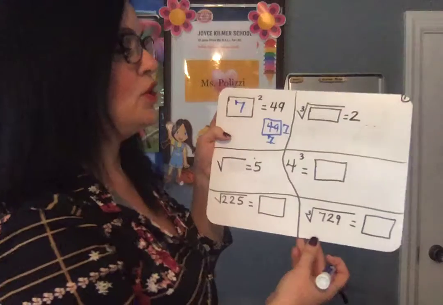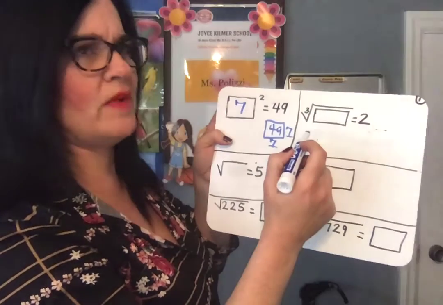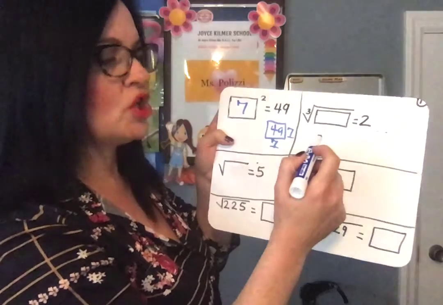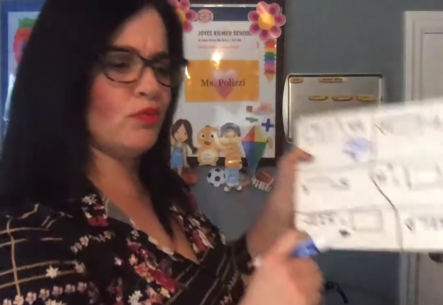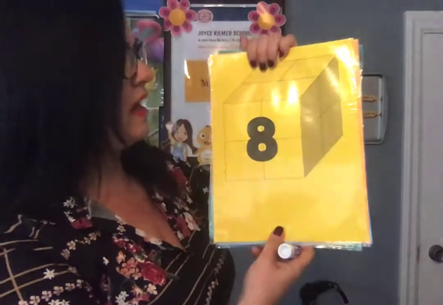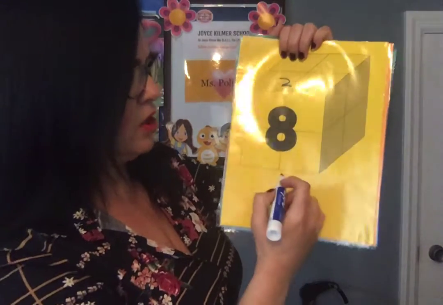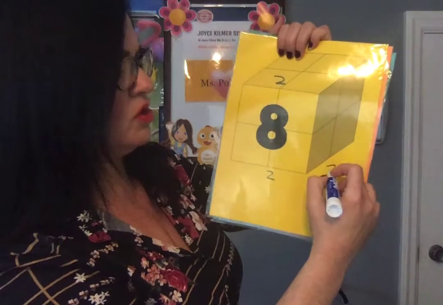Over here, you have what is the cube root of what equals 2? Cube root. Well, what does a cube look like? A cube looks like this. So if I had a cube of 8, I have 2 on this side, 2 on this side, and 2 on this side.